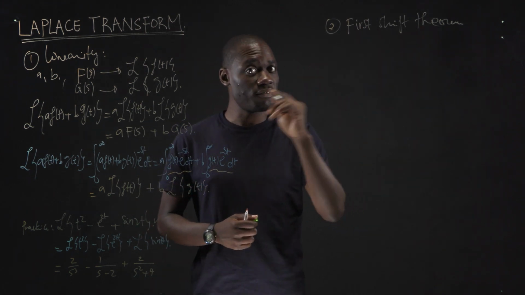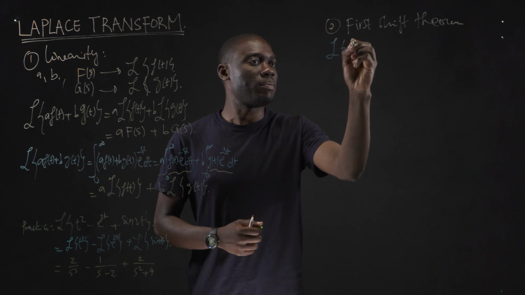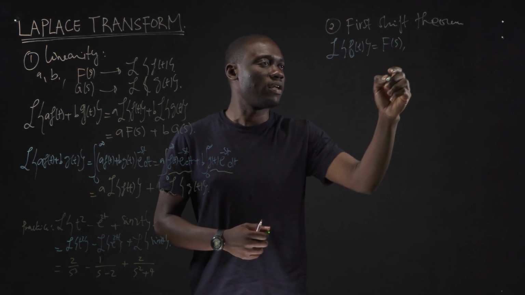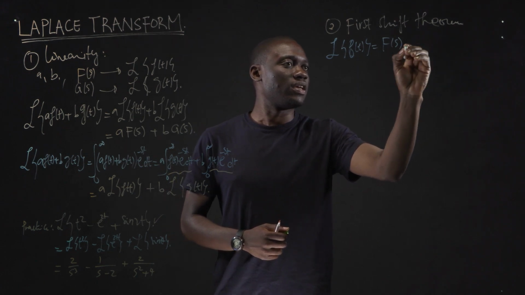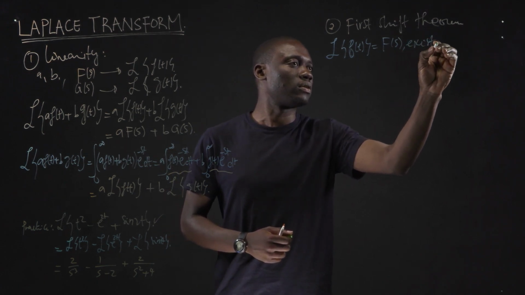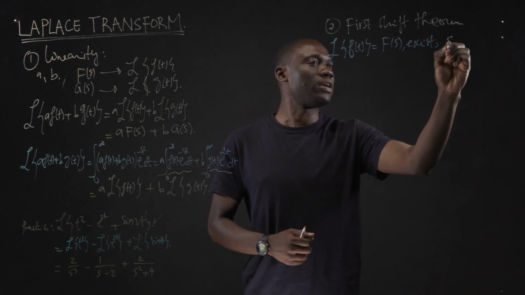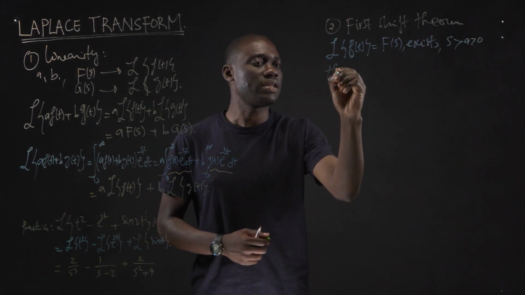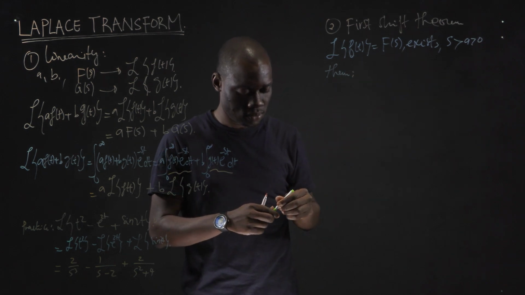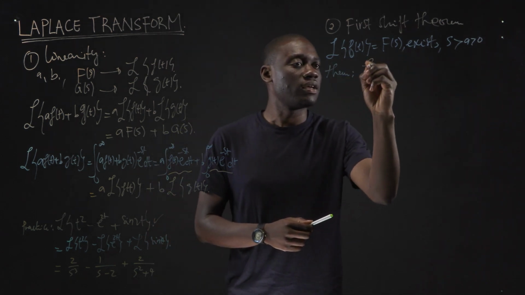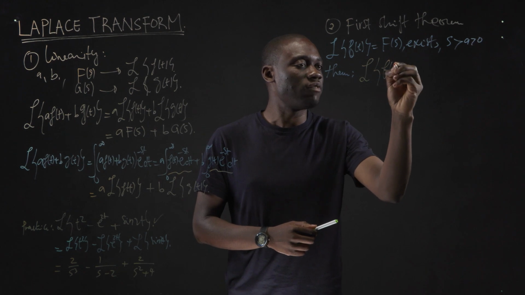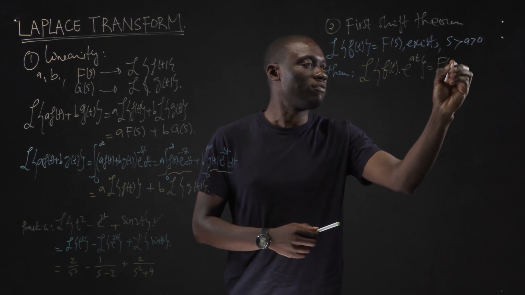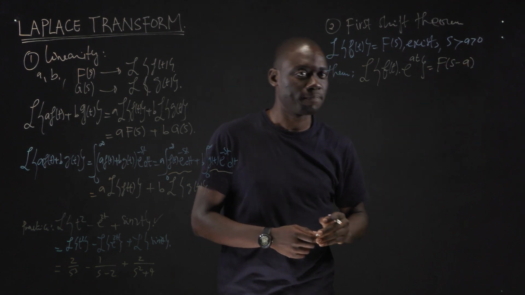It says that if the Laplace transform of f(t) equals F(s) exists, and we have that s is greater than a, greater than 0, then the Laplace transform of f(t) times the exponential e^(at) equals F(s minus a).